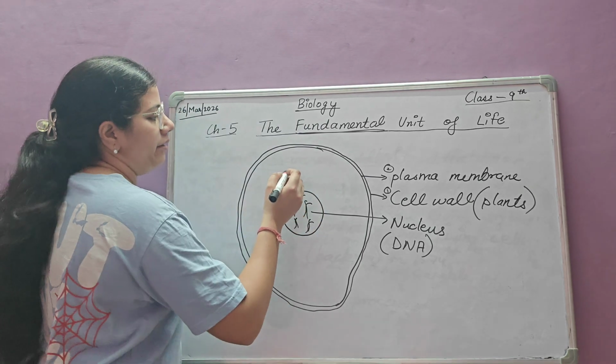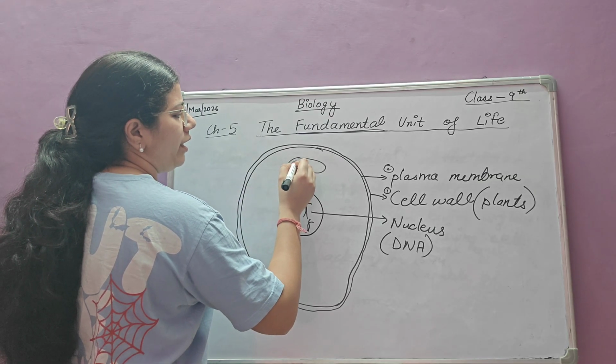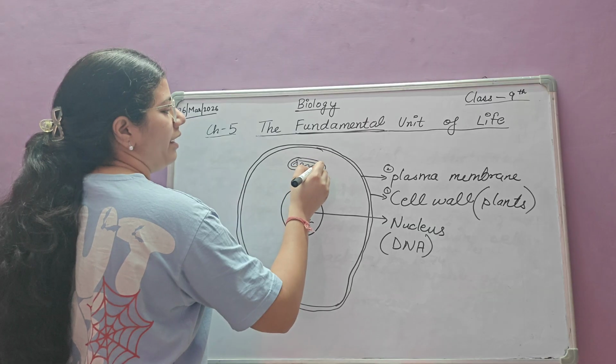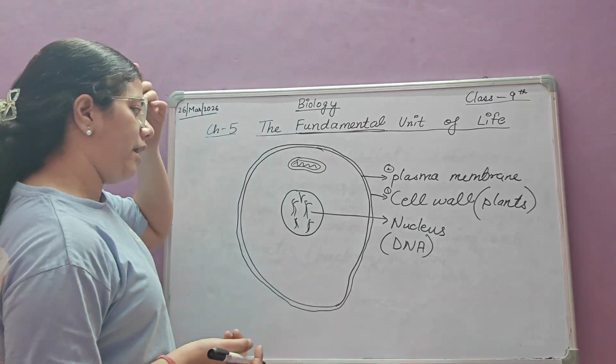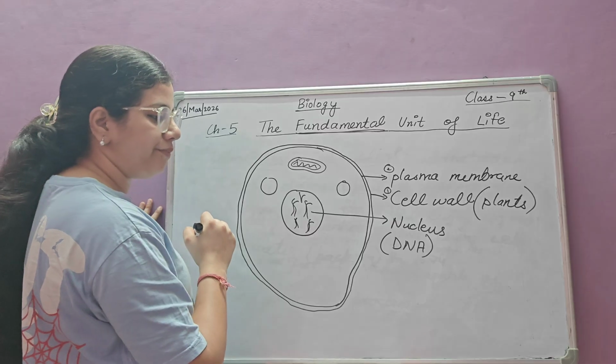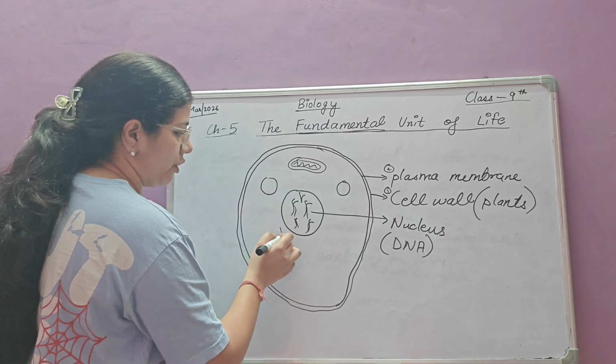Then mitochondria is there. Okay, double membrane in case of animals and plants. Then Golgi apparatus हो गया, ribosomes and other cell organelles also. Vacuoles, large vacuoles in plant cell.